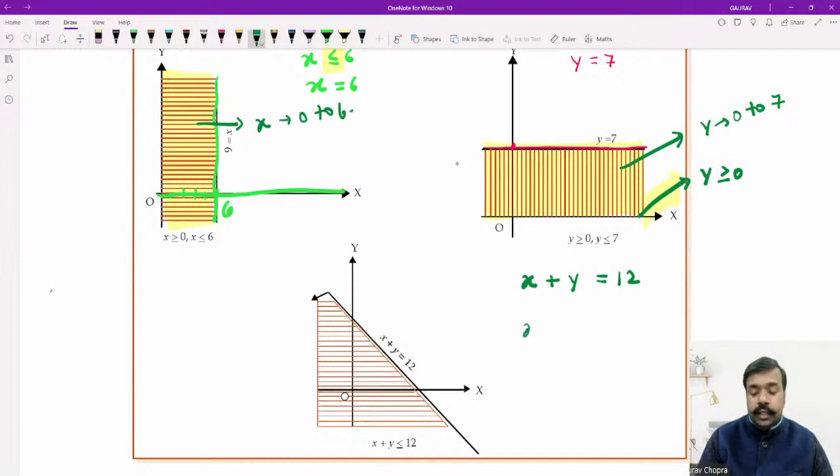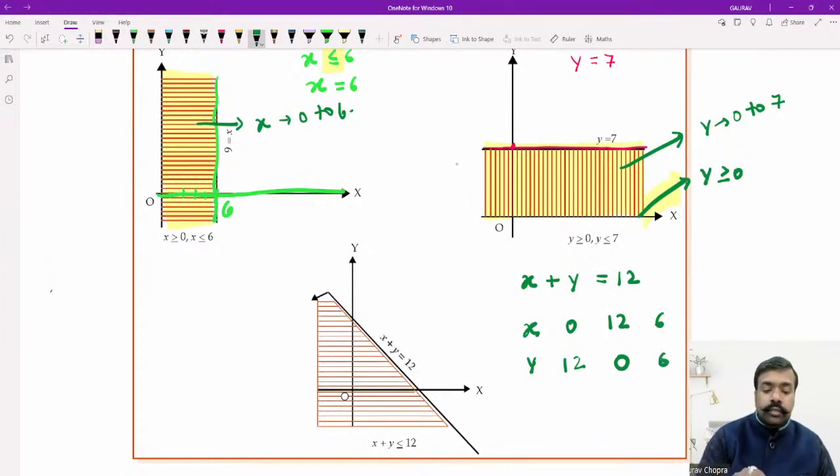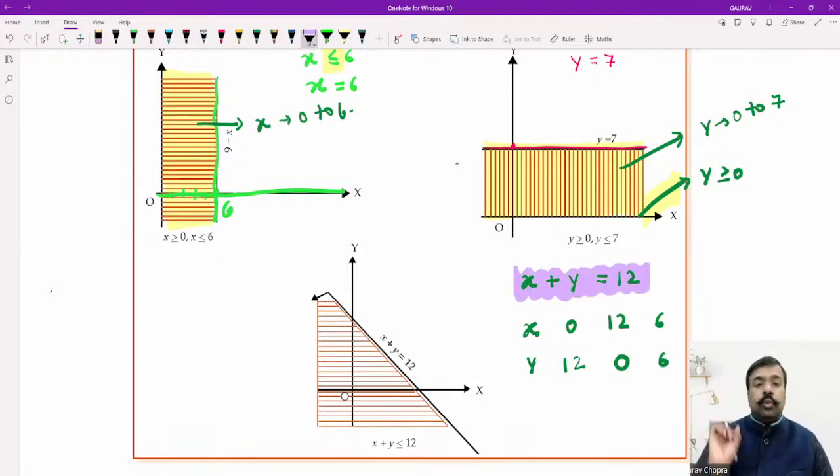If we take x as 0, then y will become 12. If we take y as 0, then x will become 12. If we take x as 6, y will become 6, because the sum of these two is equal to 12.